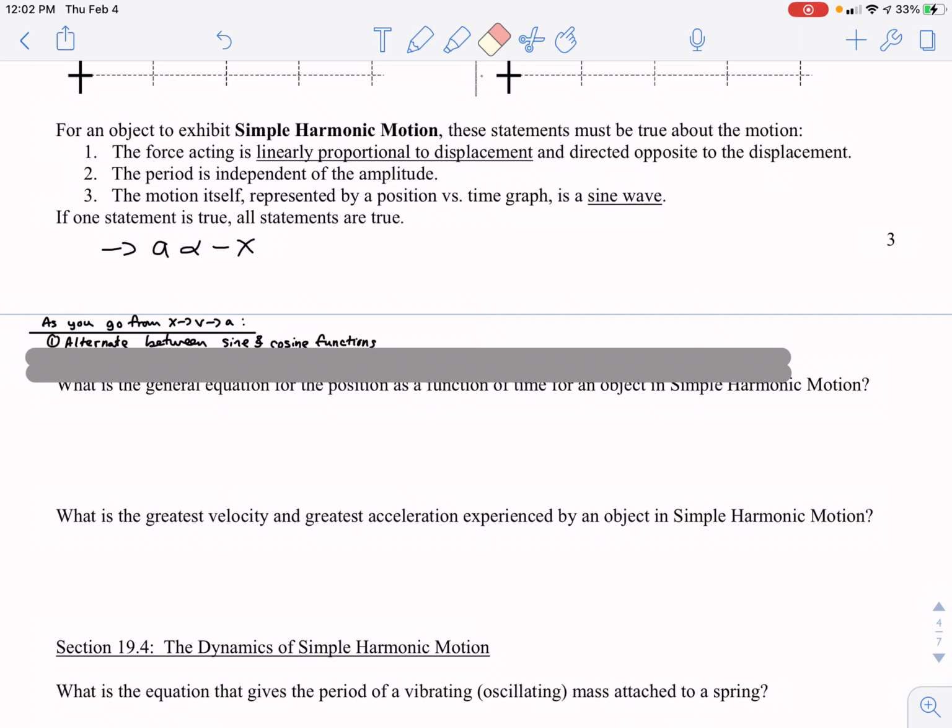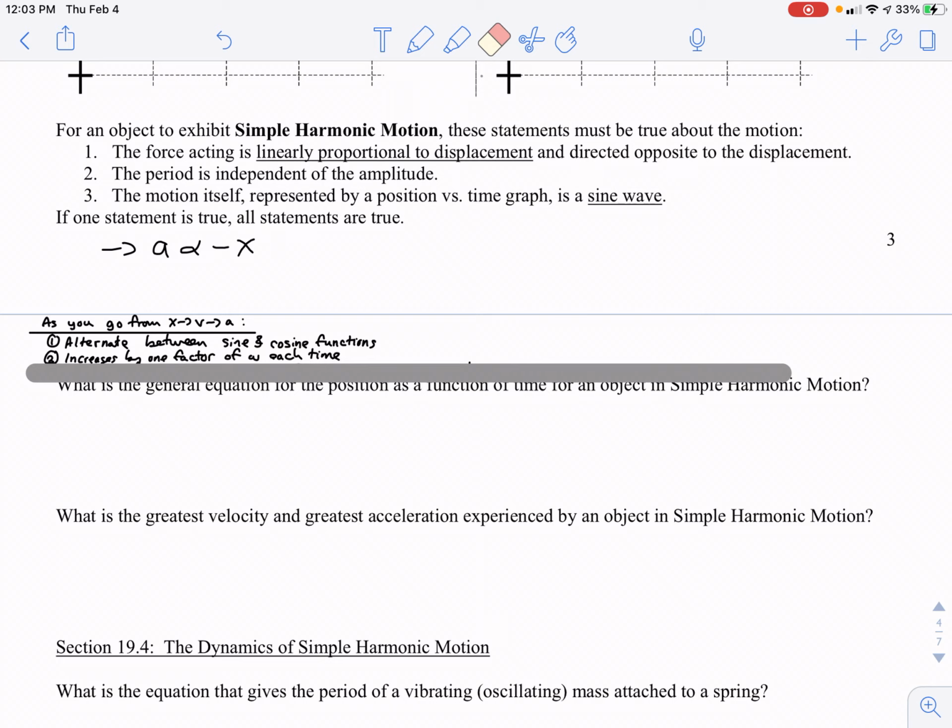Okay, we are now beginning to look at the functions or the equations that match these sine and cosine graphs. Number 2, we're going to increase by 1 factor of omega each time. Now, this is the first time we're bringing up omega, so there's a little bit more to come on what that is.